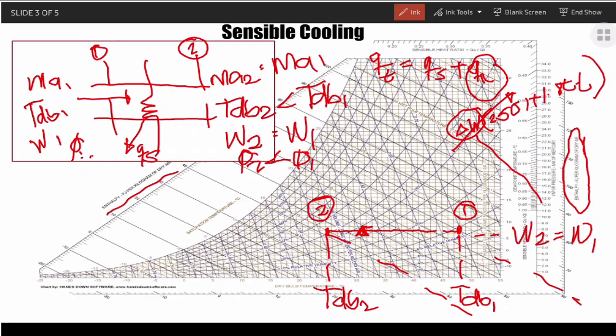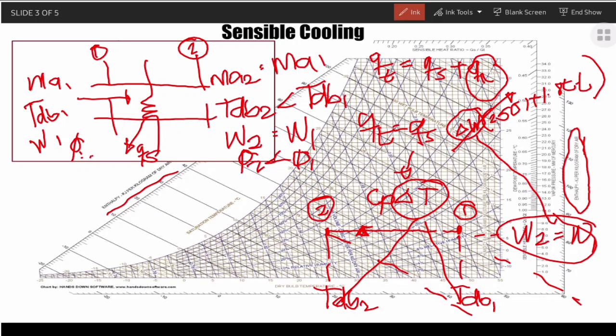So we have only Q total equal to QS, where QS has been defined as CP delta T, and the delta T is the difference between these two dry bulb temperatures.